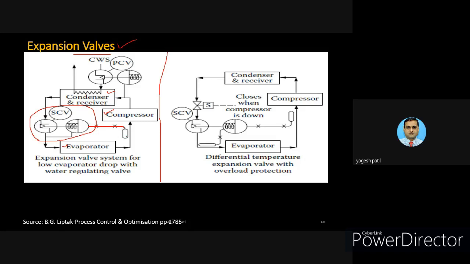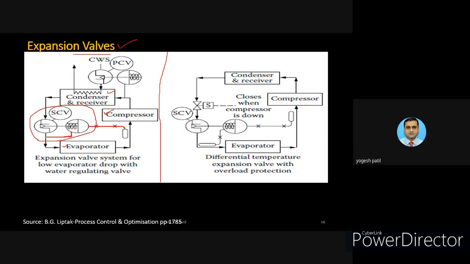On this line, there is a pressure bulb connected over here, and you can see this pressure bulb is connected at the end side of the evaporator. That means it monitors the discharge, the discharge pressure of the refrigerant that is given to the compressor. That gets monitored on one side, and equally you can see the other side of this valve or positioner has another sort of connection.